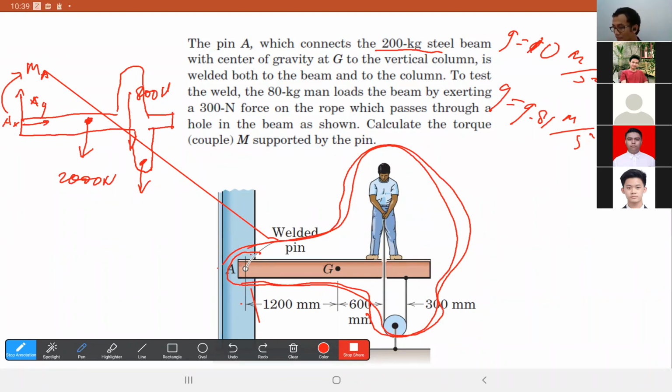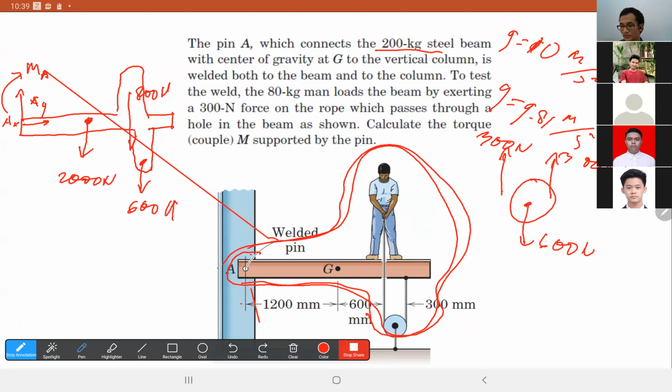Because if we draw the free body diagram of the pulley, it will be 300 newtons, 300 newtons, and the one going down is 600 newtons. Correct, right? So this one is 600 newtons. So you can draw the system like this. This is the first way of drawing the system.